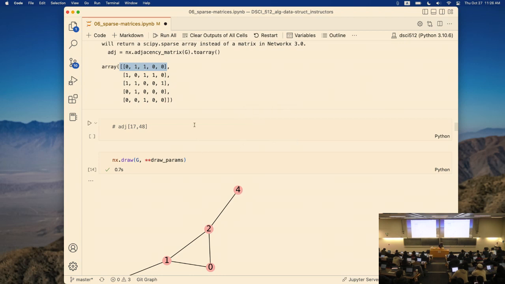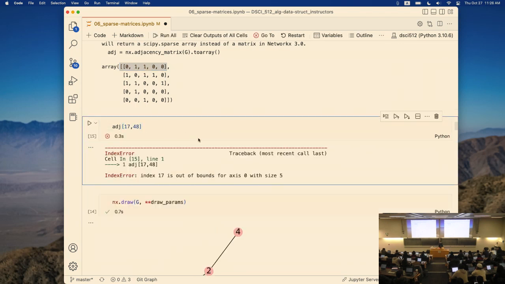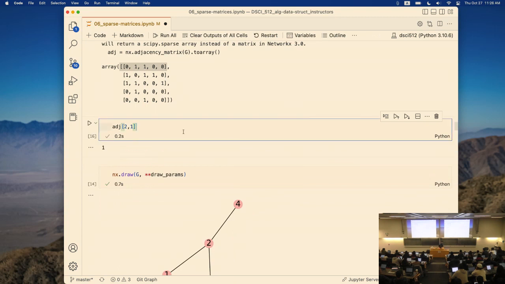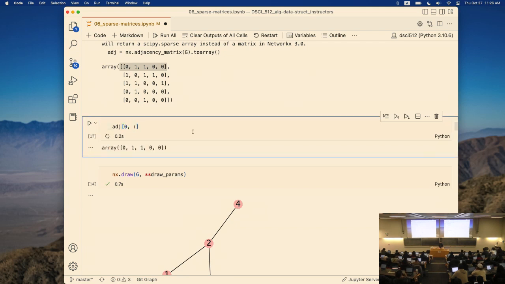The benefit of this is that if we know the identifier for that particular node, we can directly go and look at the information for that node. We can directly query that particular edge, for example, or query a particular row. So for example, here, the first row contains information about the first node.